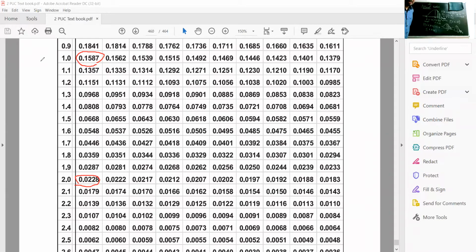This is how we read the standard normal tables. Since it is new, it will be difficult for you to read and understand the table. This is a part of the second PUC textbook, and at the end of the textbook you can observe the normal probability tables. So please join back again.